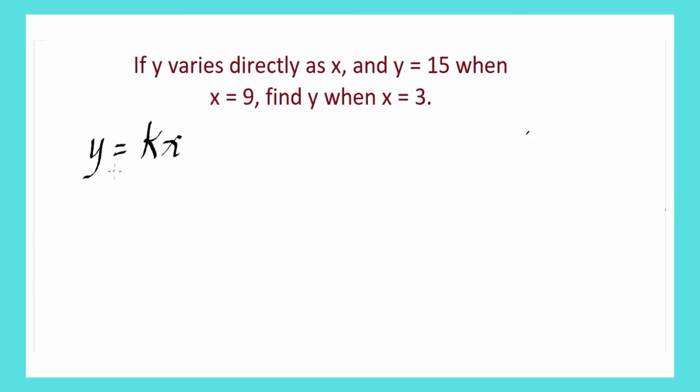The first thing that we are going to examine here is the first phrase. It says here that y varies directly as x. So y comes first, that's why you are going to put it there. And x comes second, that's why you are going to put it there.